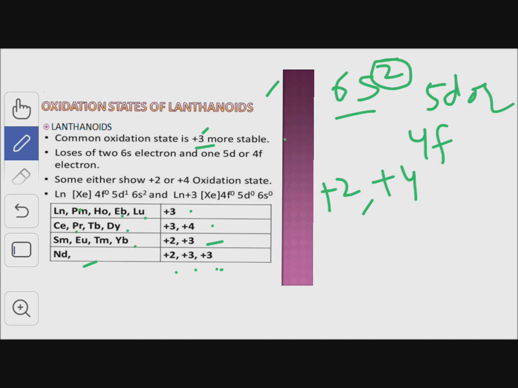Here, suppose we take an example of promethium. Its electronic configuration is xenon 54, 4f5, 5d0, 6s2.